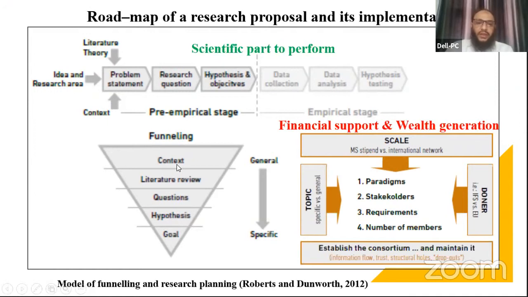So the funneling is based on context, literature review, questions, hypothesis, and goal. It means starting from the general knowledge up to the highly specific knowledge, we have to prepare ourselves to handle these stages properly before writing a research proposal.